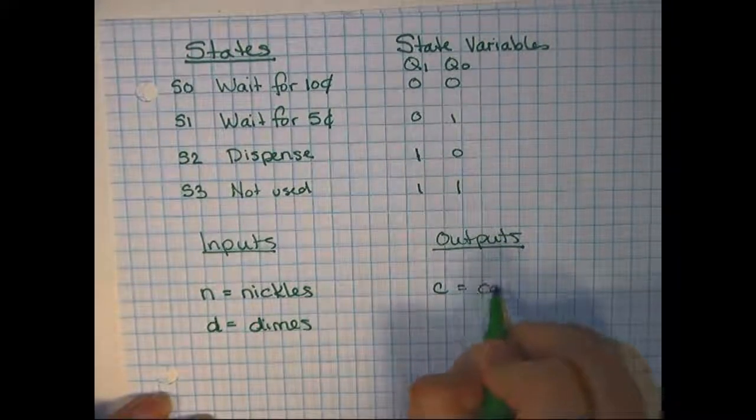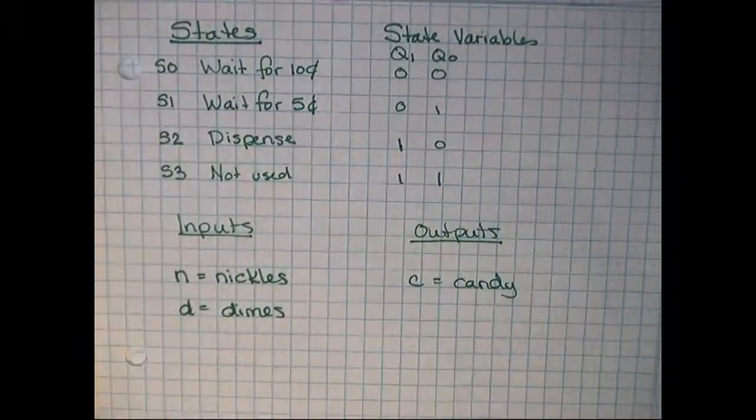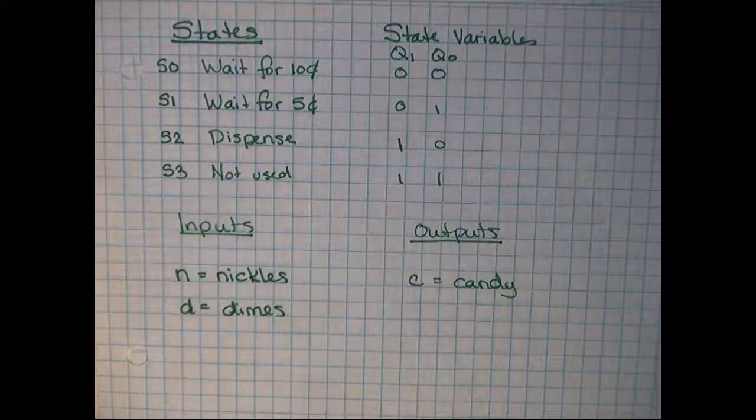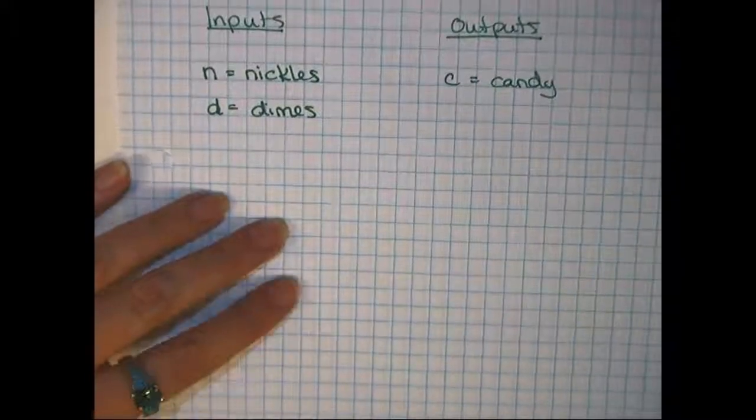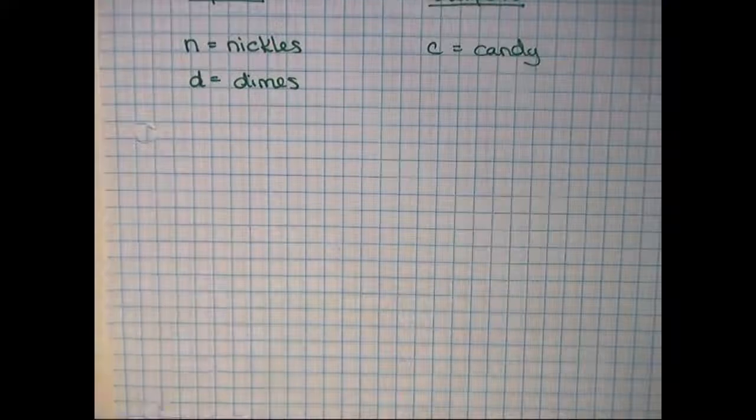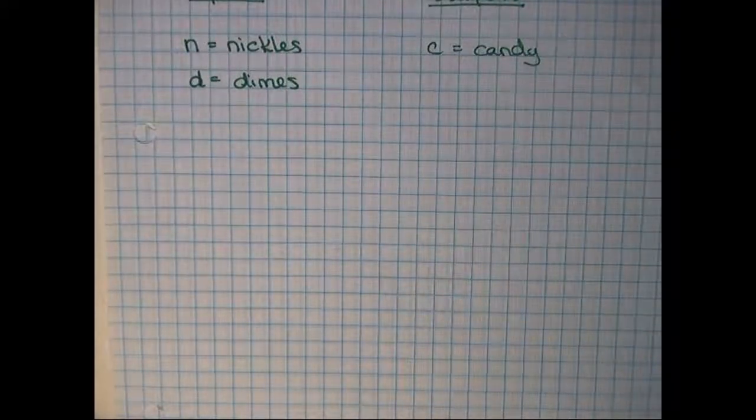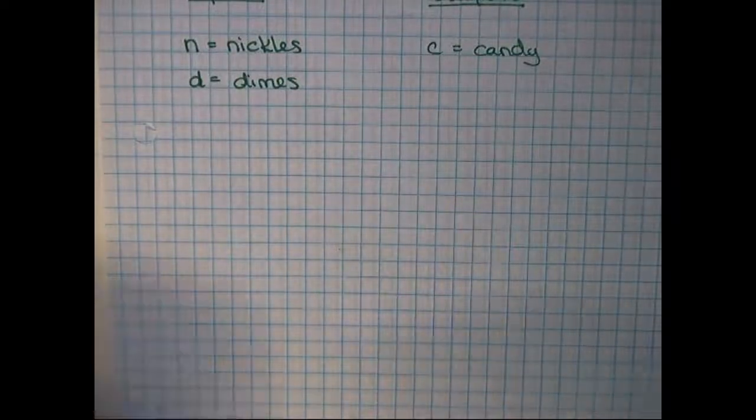C for candy. Candy's the output. All right. Now we're going to make the state graph. You can put that on the handout or you can put it in your notebook.